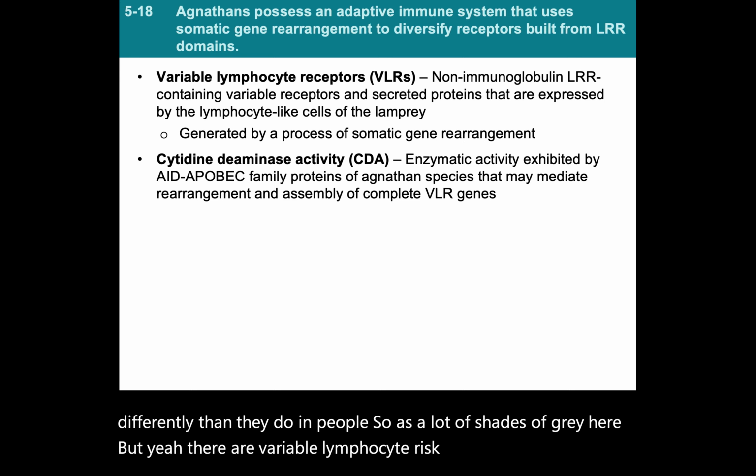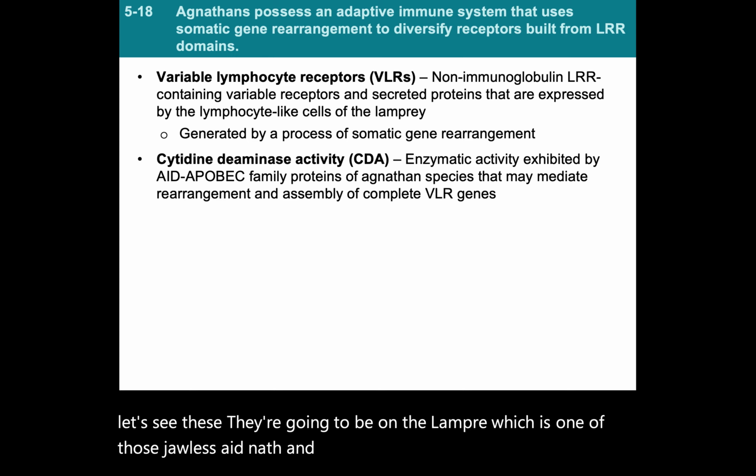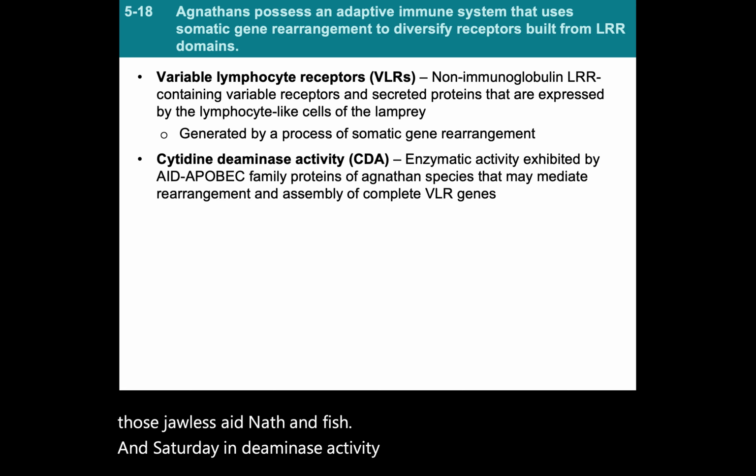Let's see these. They're going to be on the lamprey, which is one of those jawless agnathan fish. And cytidine deaminase activity is an activity caused by genes of the APOBEC family.